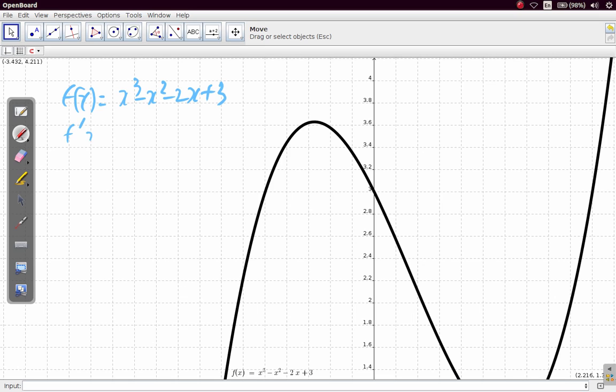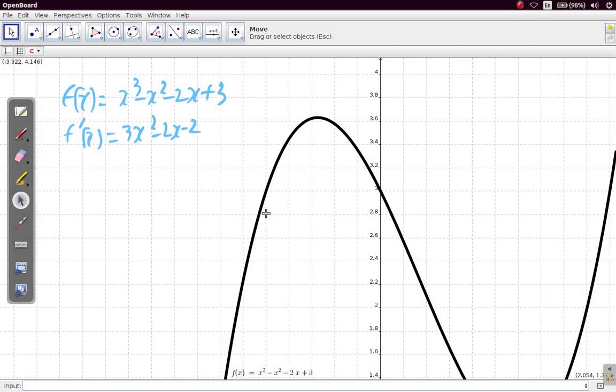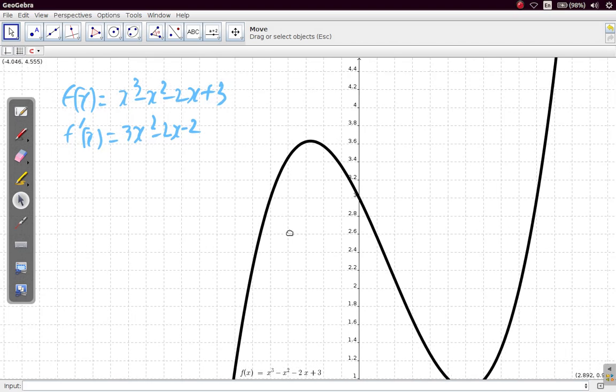Then f prime of x equals 3x squared minus 2x minus 2. If I choose a point here, let's zoom out and see where we are here.